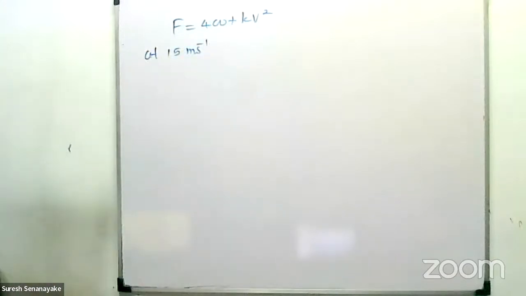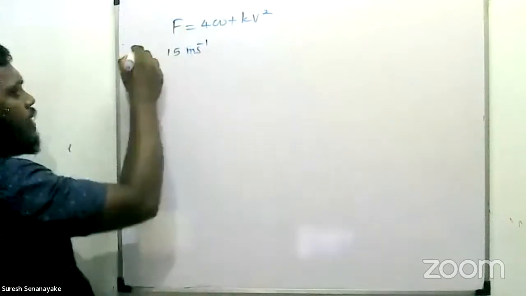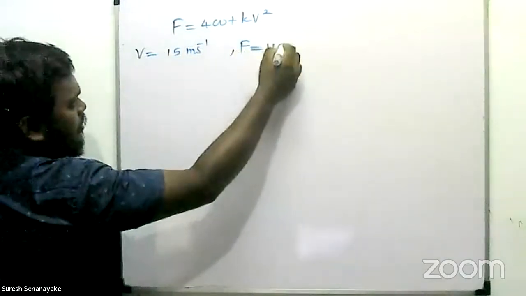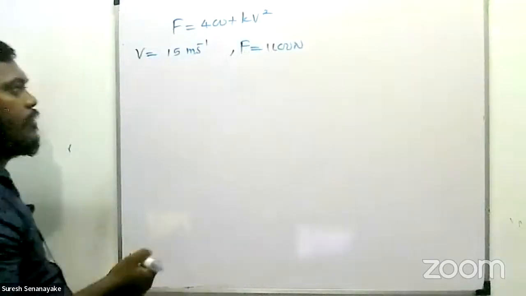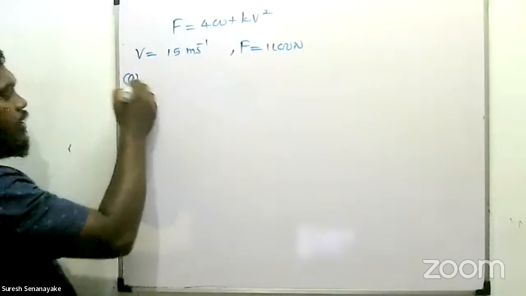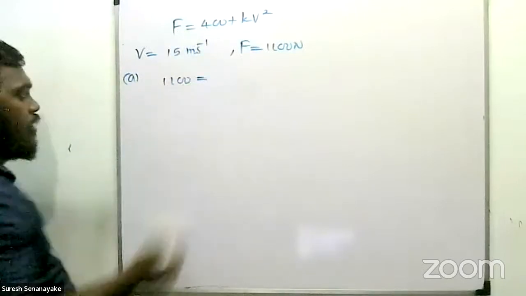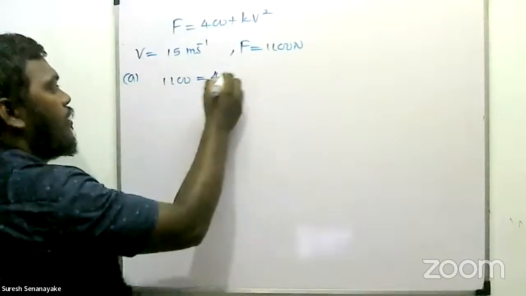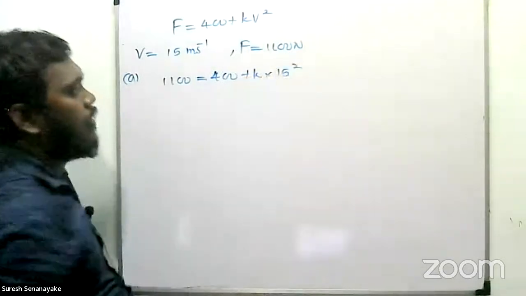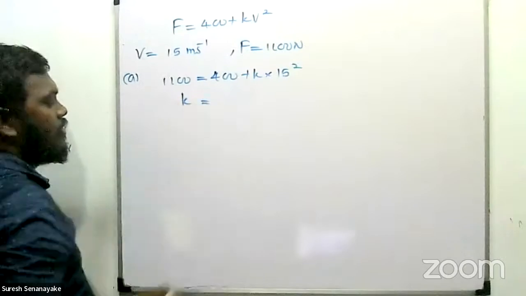This means that if v equals 15, then the force equals 1100 newtons. So then you can find k by substituting in this equation: 1100 equals 400 plus k times 15 squared. The value of k you can find.